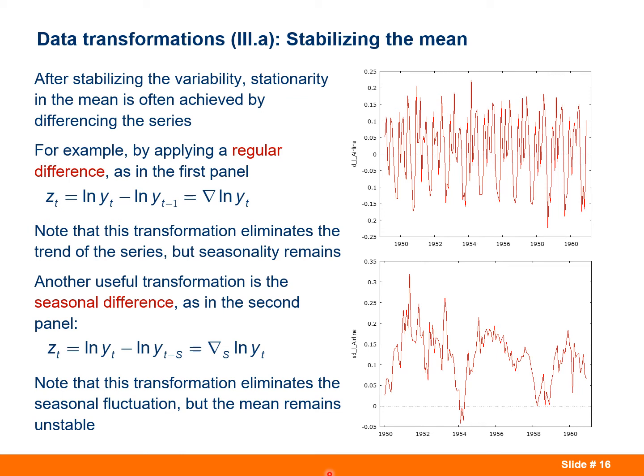So if the time series is monthly, like in this case, S is equal to 12 because we have 12 observations per year. If the observations were quarterly, we would have 4 quarters per year, so S would be equal to 4. Note that this transformation eliminates the seasonal fluctuation, but the mean remains unstable.